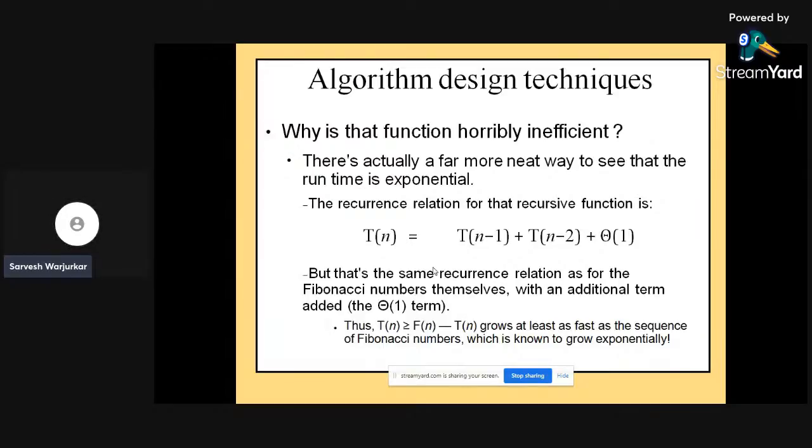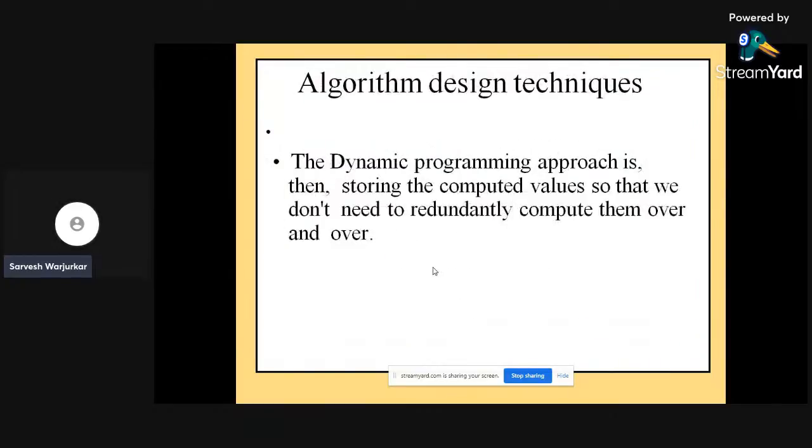That is the same recurrence relation as for the Fibonacci numbers themselves, where the additional term is order of 1. Thus T of n grows at least as fast as the sequence of Fibonacci numbers, which is known to be exponential.